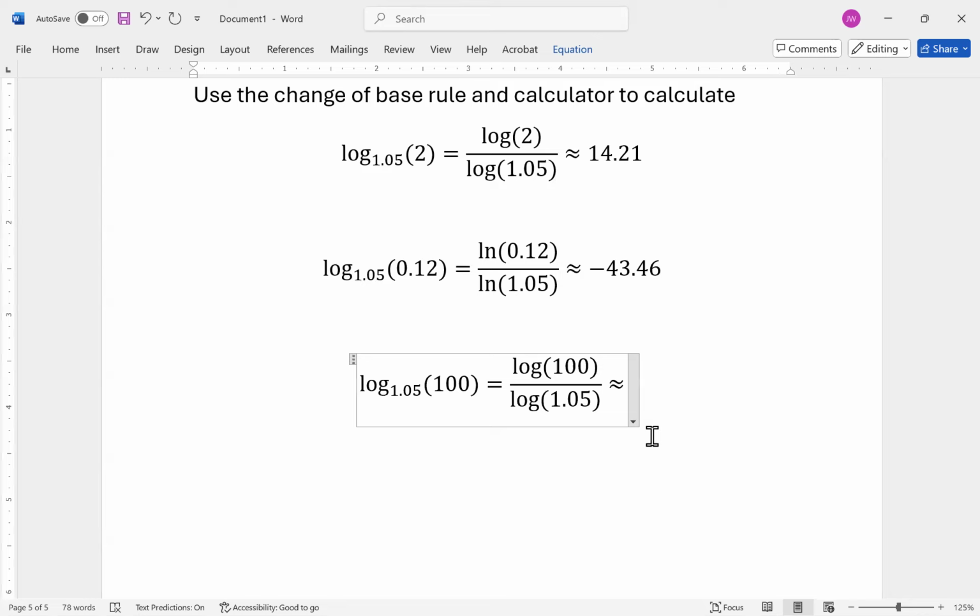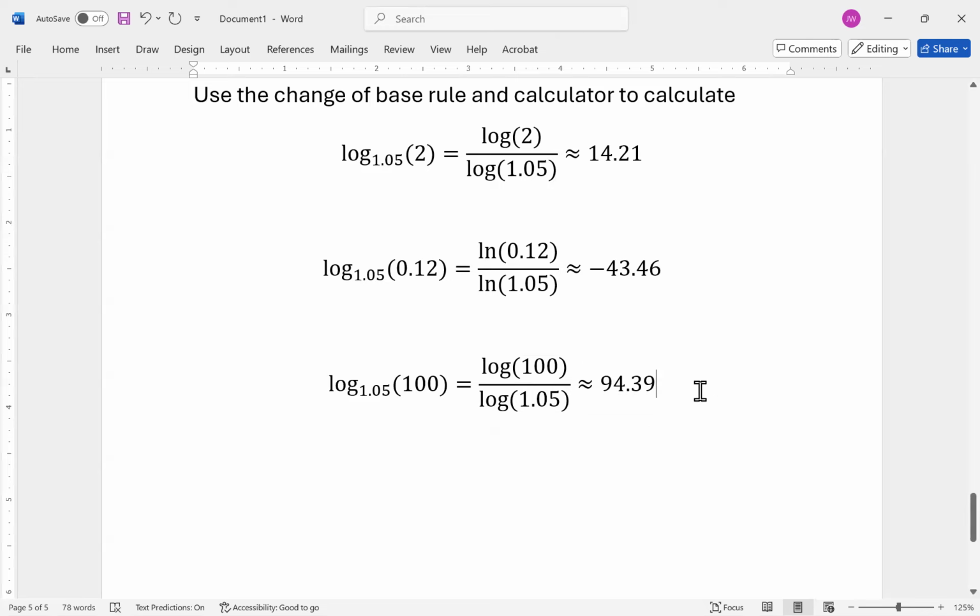And that would give me 94.39, roughly. That's obviously rounded to 2 decimal places. And that means 1.05 to the 94.39 power, roughly, is going to give me about 100. Again, I'm rounding everything to 2 decimal places here to make things easier.